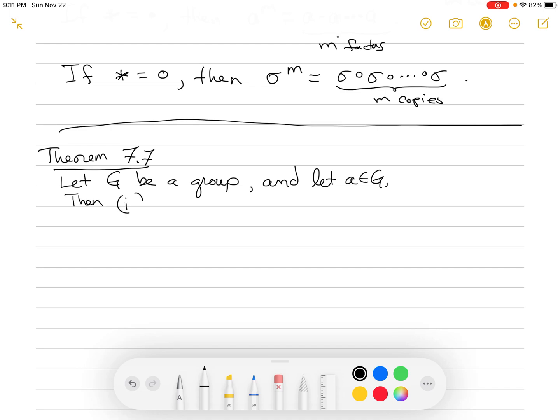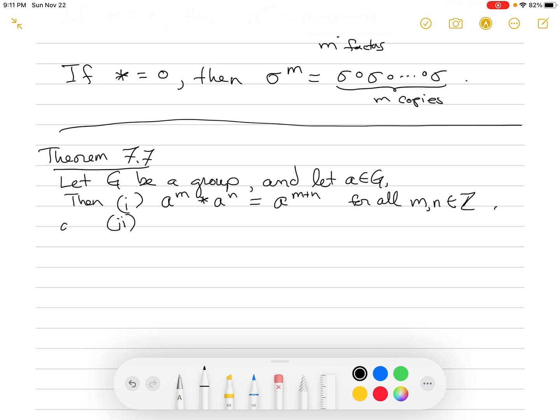Then number 1, a to the m power starred with a to the n power equals a to the m plus n power. This is for all integers m and n, for any integer. It doesn't have to just be positive integers, it could also be negative integers.